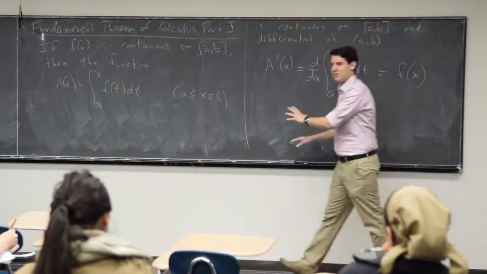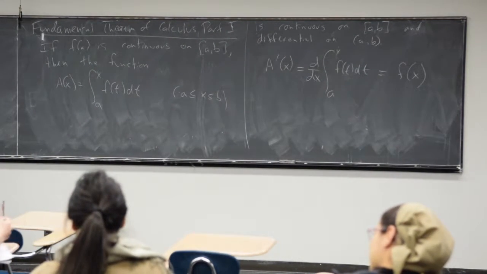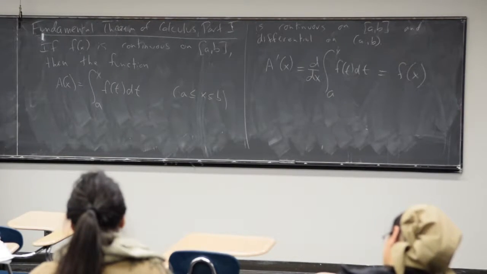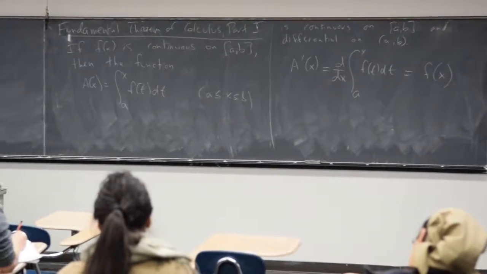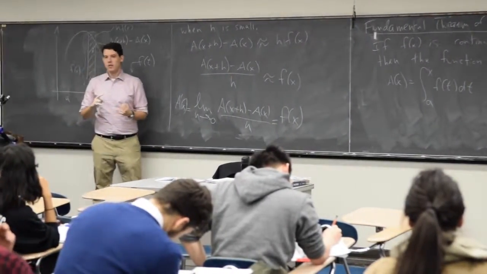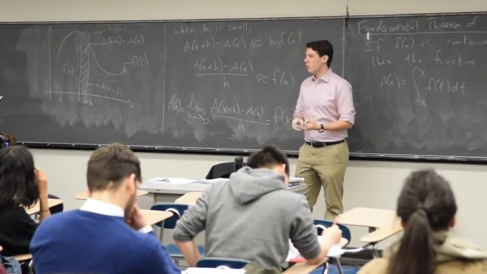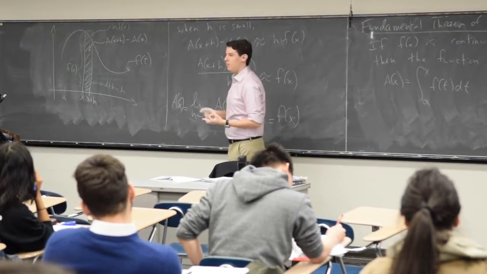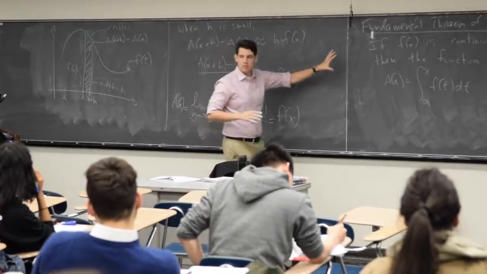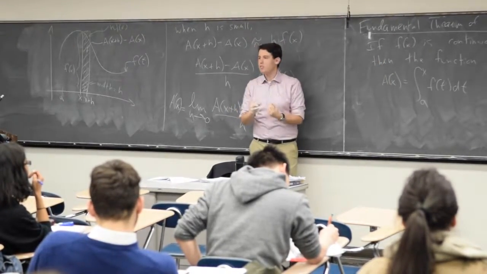This is crazy, that these two concepts of derivatives and integrals are related like this. Derivatives are about rates of change. Integrals are about sums. Why in the world would rates of change and sums have anything to do with each other? But the Fundamental Theorem of Calculus shows that they are very, very closely related.